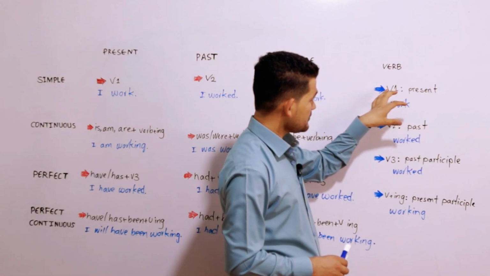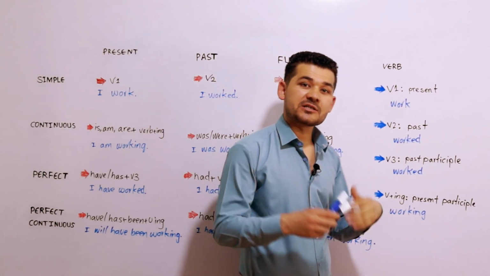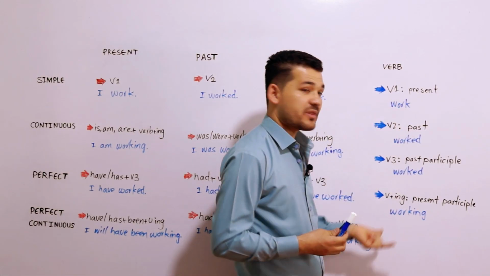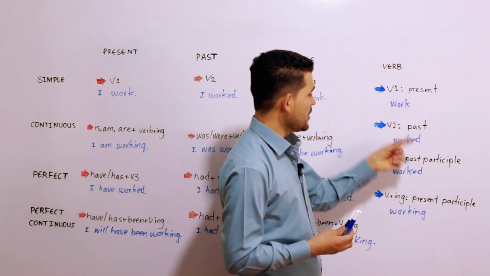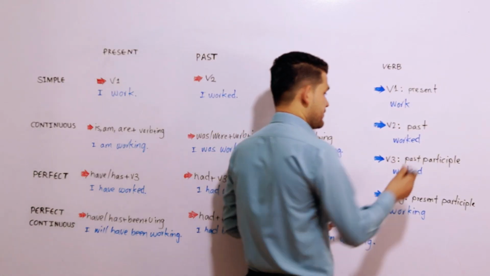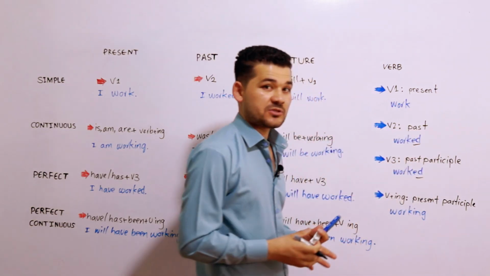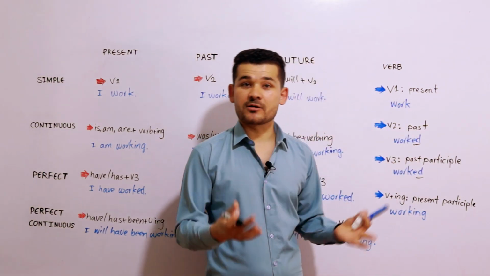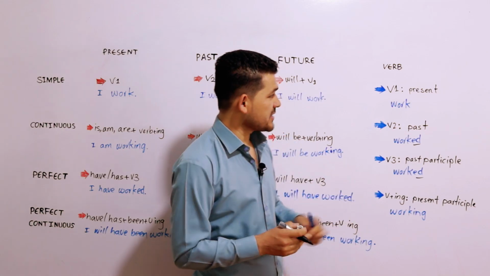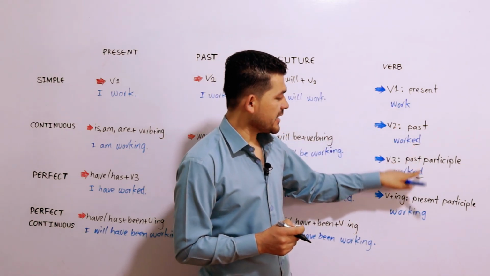Now, we have regular and irregular verbs to form these. Sometimes we just add ed after the verbs to change them to past and past participle forms. But sometimes they are irregular and we cannot. For example, we have work, worked, and worked.